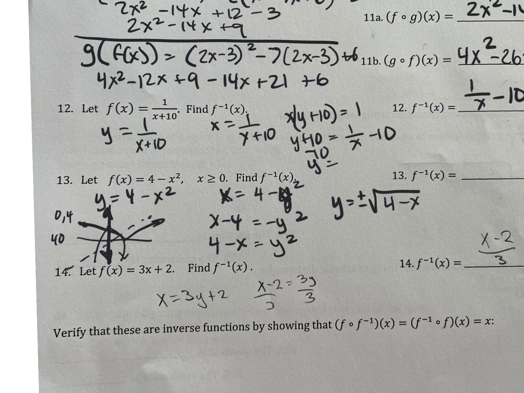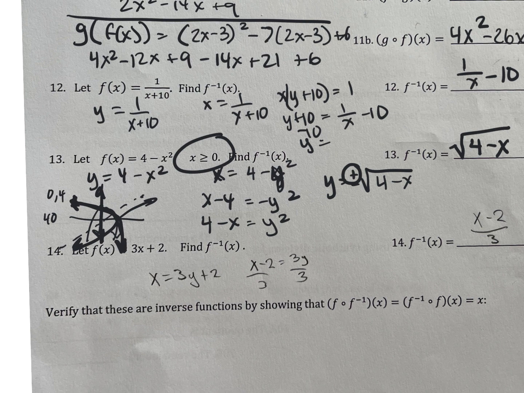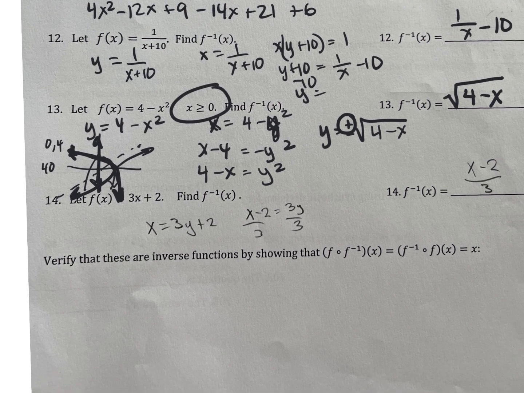Our positive numbers here correspond with these positive ones up here. That's only the pluses. So 4 minus x, only the pluses, because this is positive. All right.